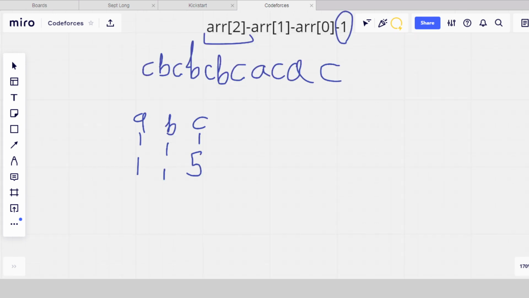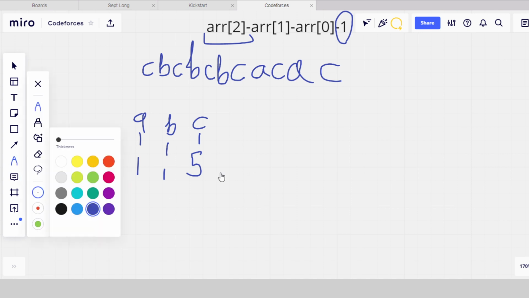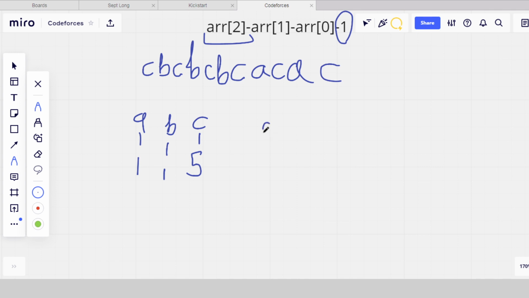Fine. So what we are doing. So let's assume that there are 1 A, 1 B, and 5 C's. Then what will we do? We will first pair A with C. Then we will pair like this: AC, then BC. Fine.